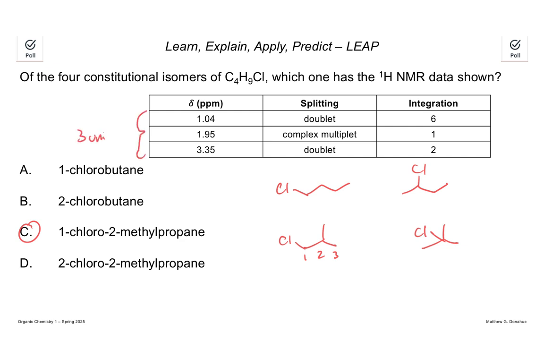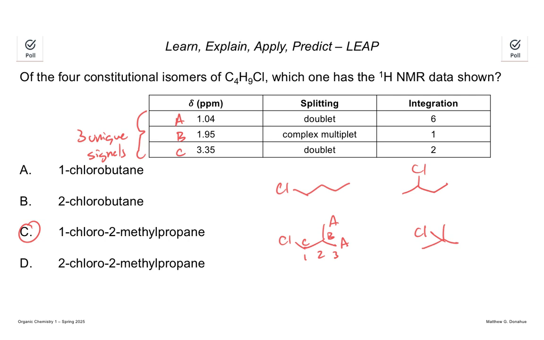So that tells us there's 3 unique signals. So I'll just say A, B, C. And those would be the assignments based on the integrations and the chemical shifts.